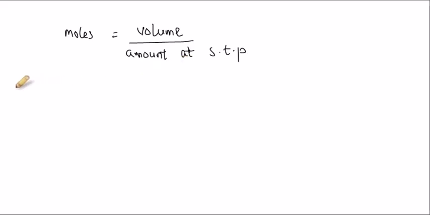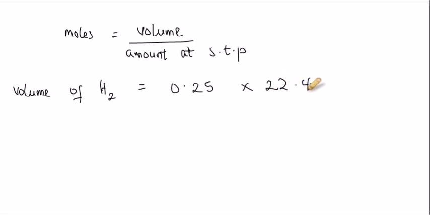So we say volume of hydrogen gas H2 equals the moles 0.25 multiplied by the amount at S.T.P, which is 22.4. In calculating this, we have 5.6 and the unit dm³. This will be serving as the final answer.